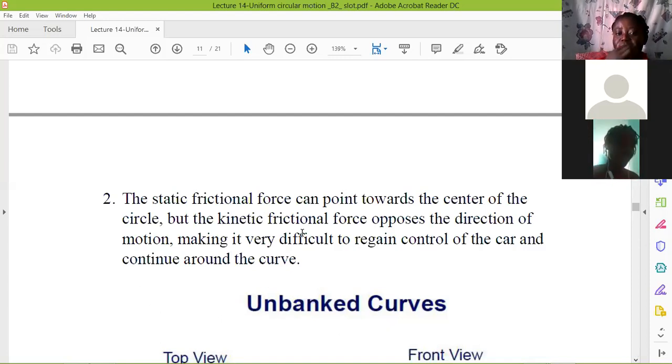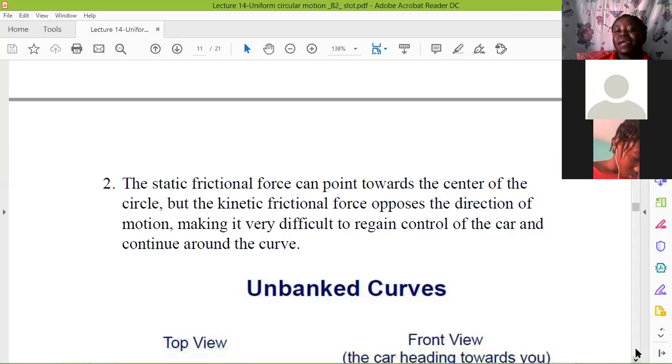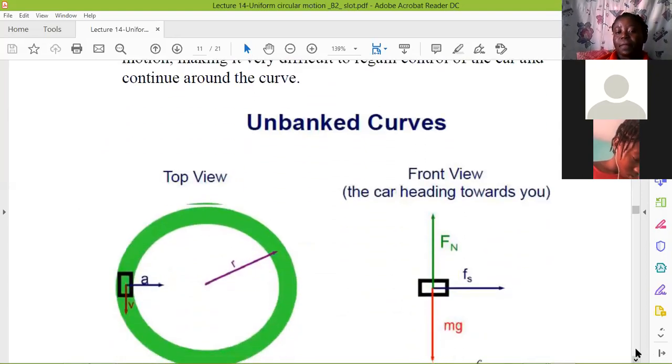If the static force points towards the center but the kinetic force opposes the direction, it becomes difficult for the car to move, and the car will just move out of the road because you cannot regain control.